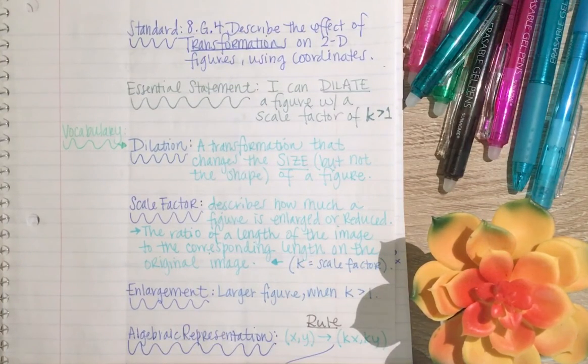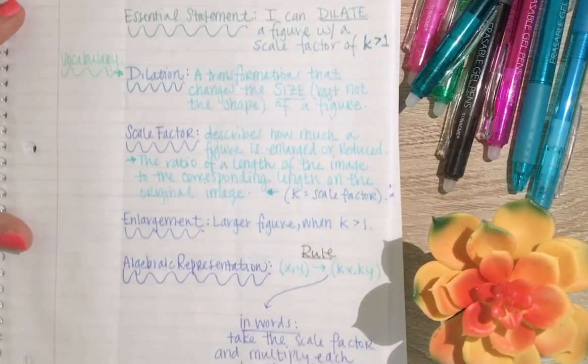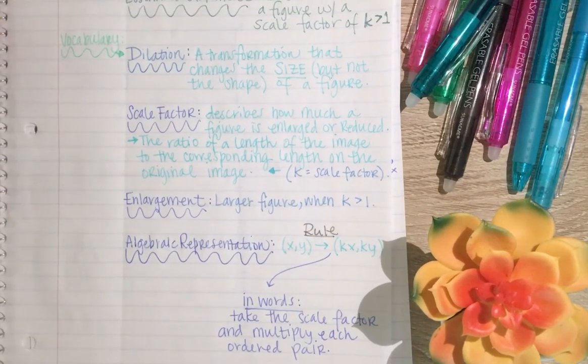So, in words, what does that mean? You're going to take your ordered pair, and you're going to also take the scale factor. And whatever your scale factor is, you're going to multiply each number in your ordered pair to get your new coordinates.